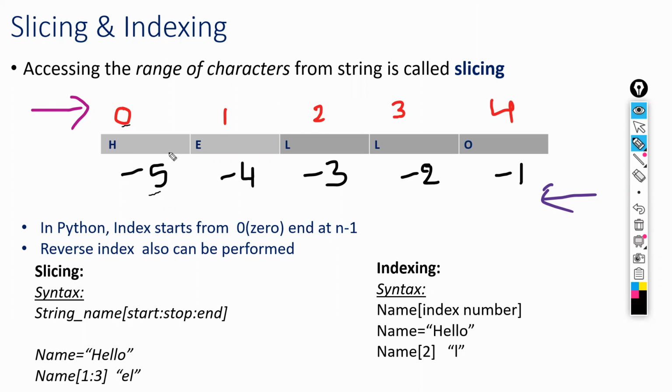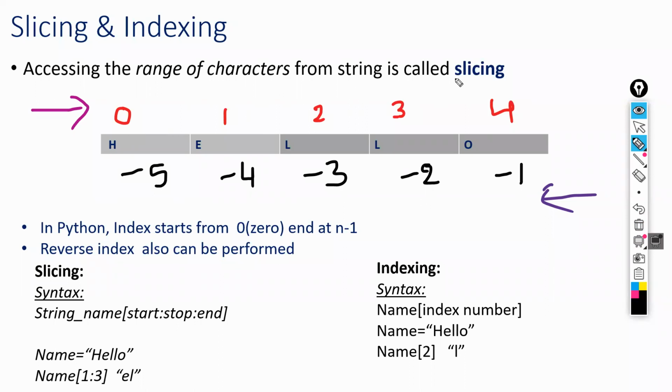In this context, hello, for every string the values change, but observe carefully. There are 1, 2, 3, 4, 5 values, 5 characters. Now we give the index 0, 1, 2, 3, 4. If I want reverse order, it starts from -1, -2, -3, -4, -5. People get confused about these indexing numbers.